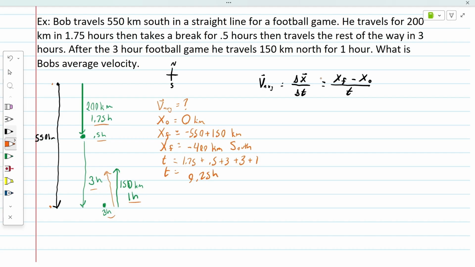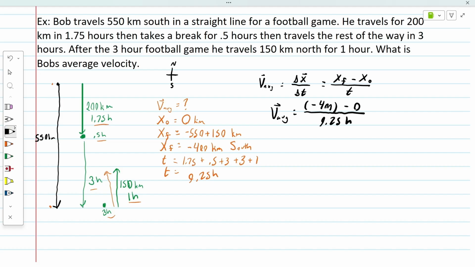Alright, so now if we look, we have all these variables. We can simply solve for V average here. So now that we have the equation and we're already set to solve it for V average, I can go ahead and plug in our variables. So we know x final is a negative 400 minus the initial, which is just 0, over our time, which is 9.25.